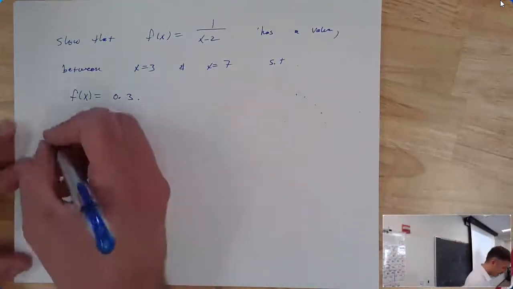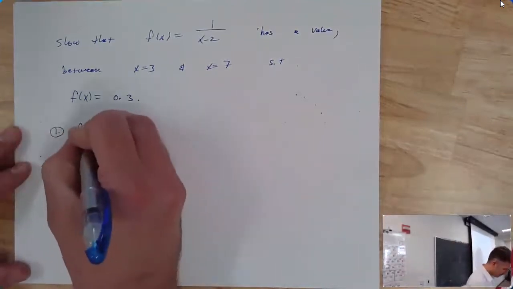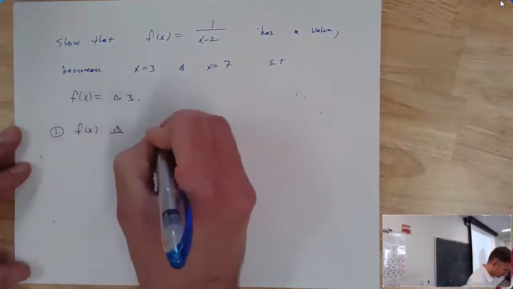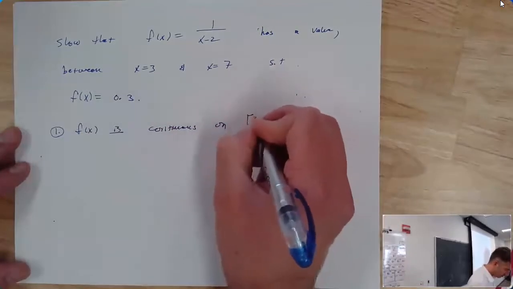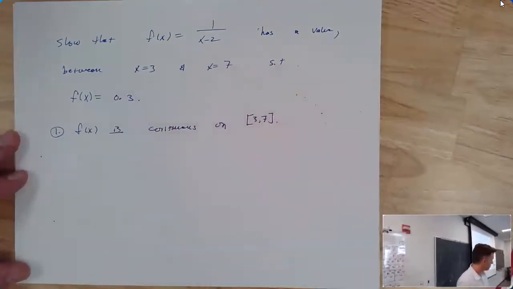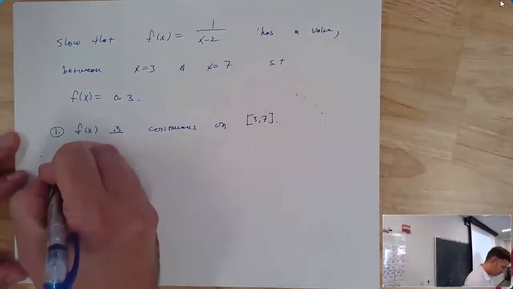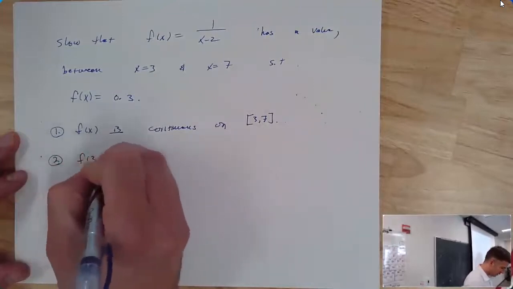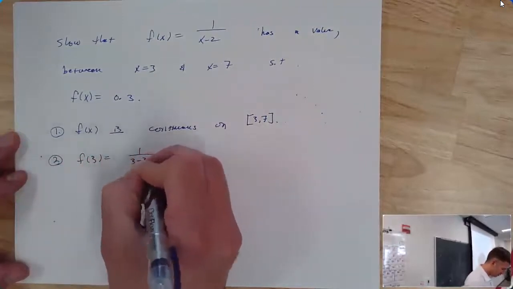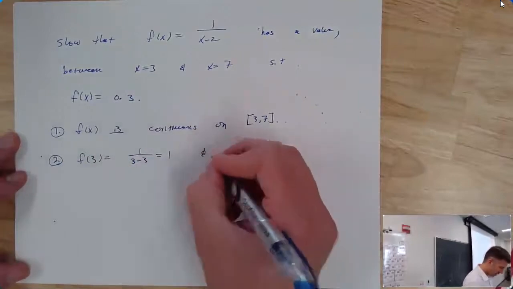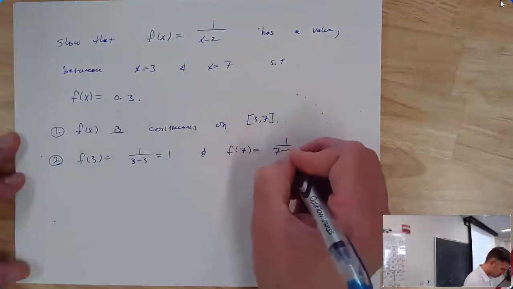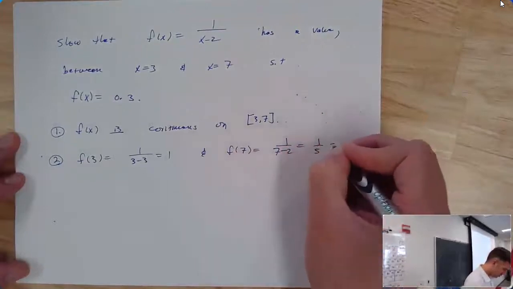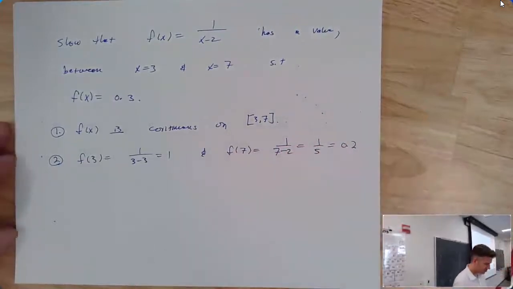So we can say, well, yeah, certainly f of x is continuous on the interval in question. And 2, we can see that f of 3 is 1 over 3 minus 2, which is 1. And f of 7 is 1 over 7 minus 2, which is 1/5, which is 0.2 if you like decimals.